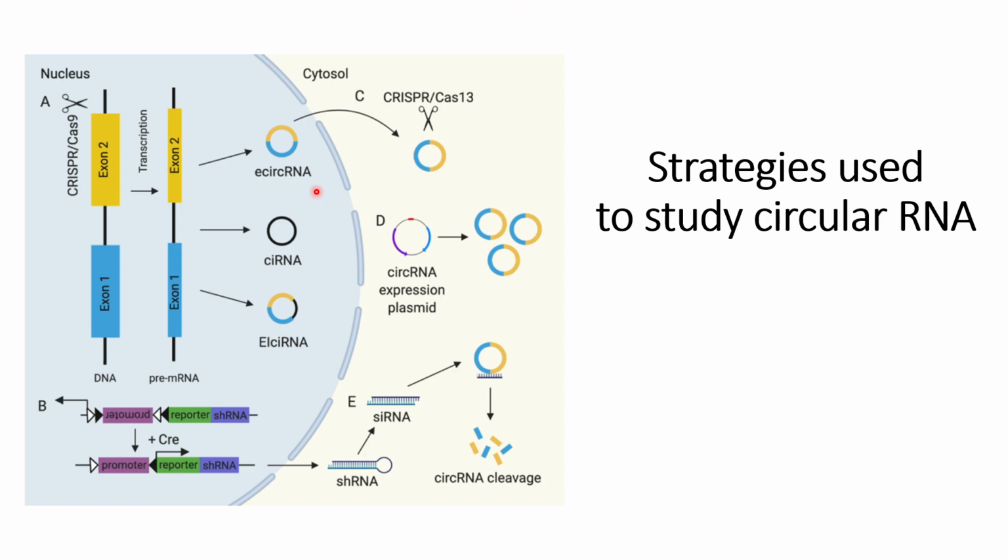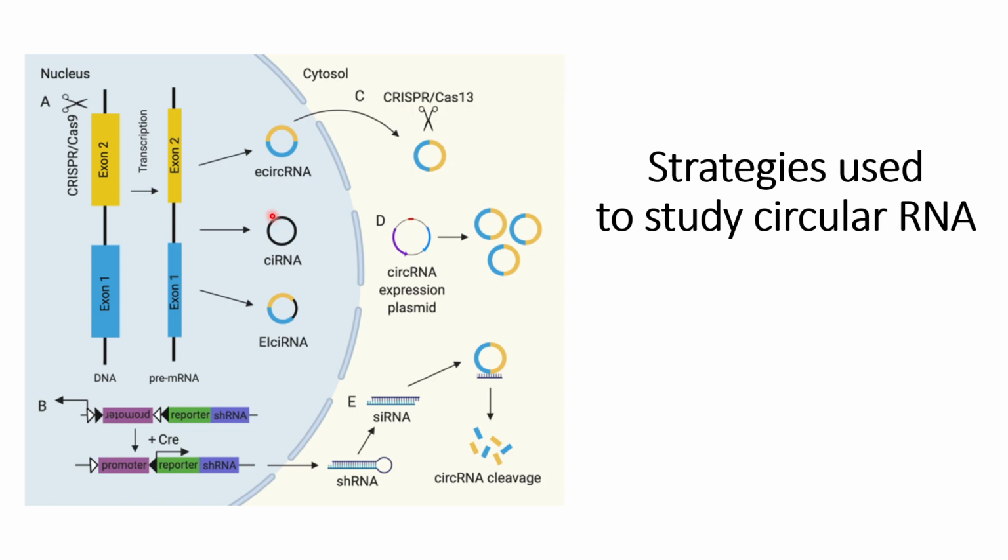And these strategies work differently. The CRISPR-Cas9 system will work mainly on circular RNA that contains the intronic part. However, for circular RNA that contains only exons, the CRISPR-Cas13 system will work.